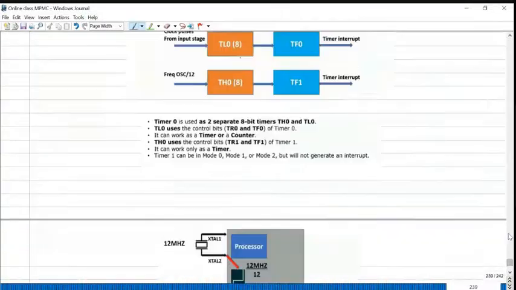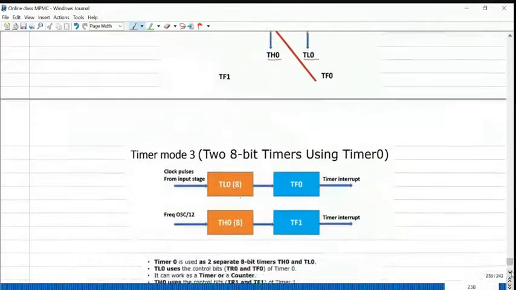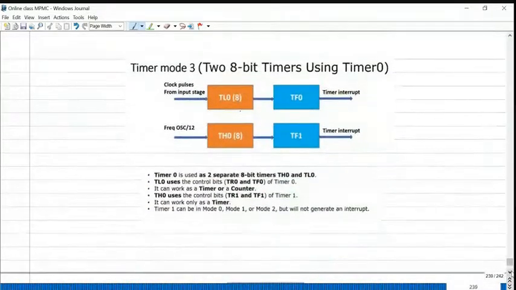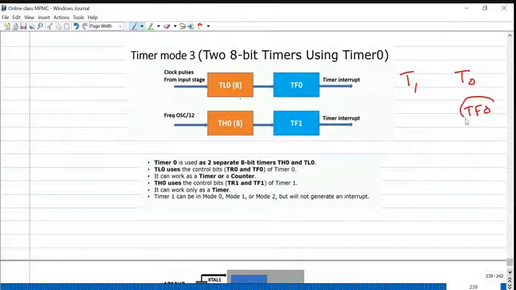So the last one is mode 3, split timer mode. We have timer 0 and timer 1. Timer 0 has one flag bit, and timer 1 has only one flag bit.